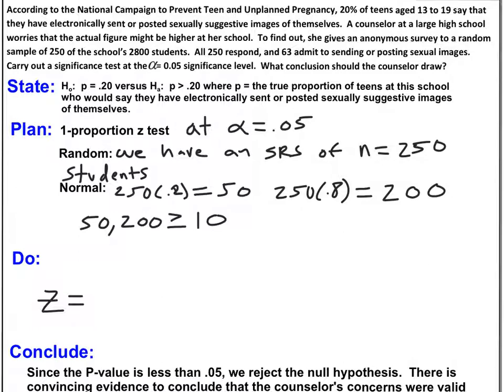All right, do step. Again, 2 items. I need a test statistic, which basically you don't have to draw the picture of the curve, but what's going on is this z-score is telling you, if you were to standardize your sampling distribution, about where you are. If we were right at 0, that means we're right at the center.